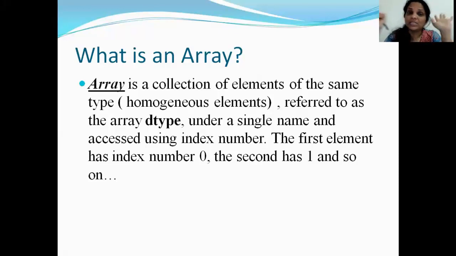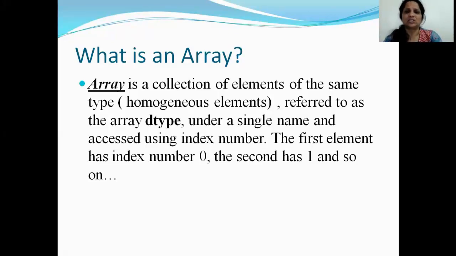Now, index number is not new to you for sure, because you have seen indexing in strings, you have seen indexing in lists, you must have also seen indexing in tuples if you have done tuples under the computer science subject. Each of these elements in the array is going to be identified by its index number.